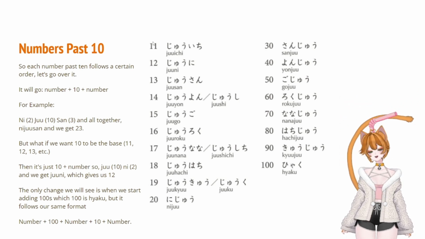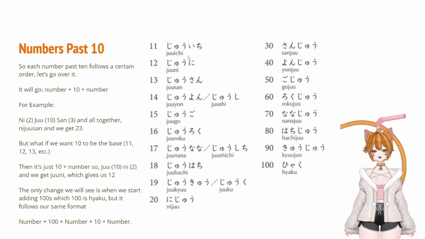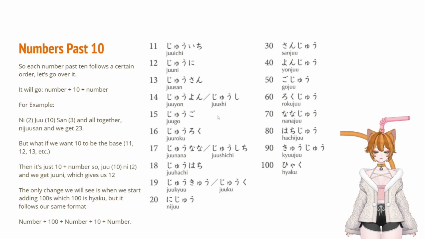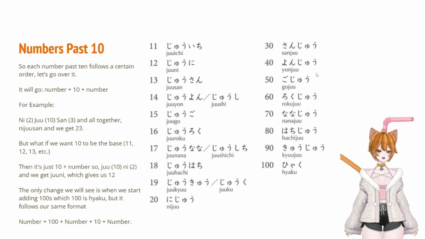And we can see this in our patterns. See here? 11, 12, 13, 14, 15, 16, 17, 18, 19, 20, 30, 40, 50, 60, 70, 80, 90, and 100.